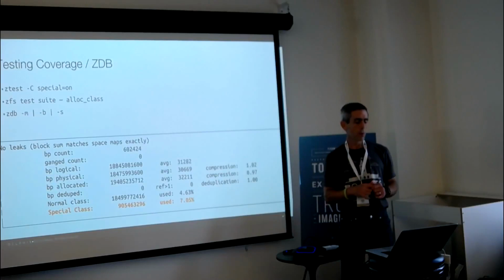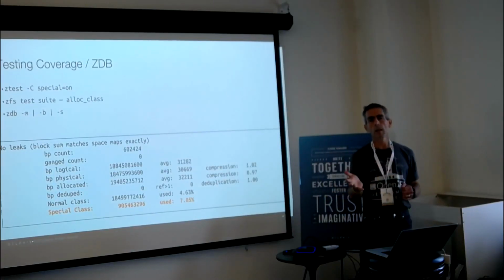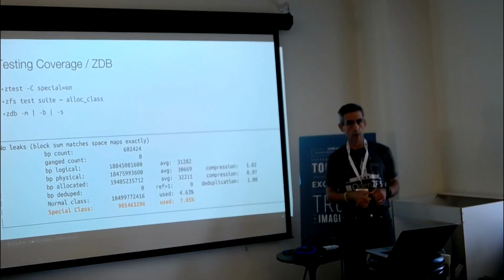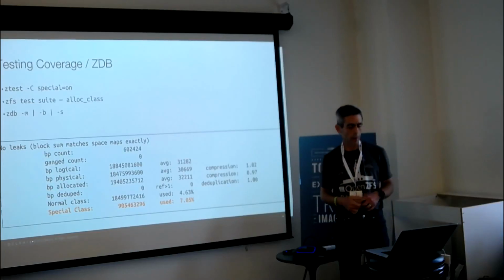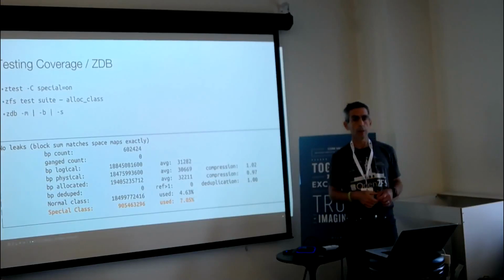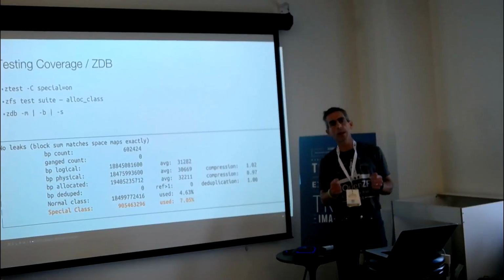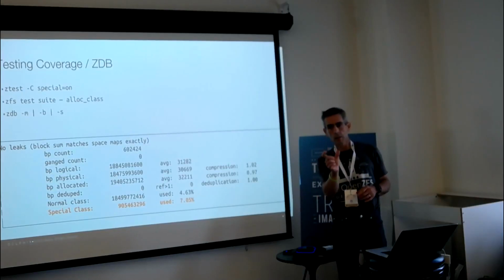ZDB, there are a few places where you can see it. If you do the -m to list the metaslabs, we'll augment the metaslab with the bias for that particular class. With the -b, you can see in this example on the slide the special class called out, and how much space you're using. And then with the -s, similar to zpool status, you'll see things broken out by class.